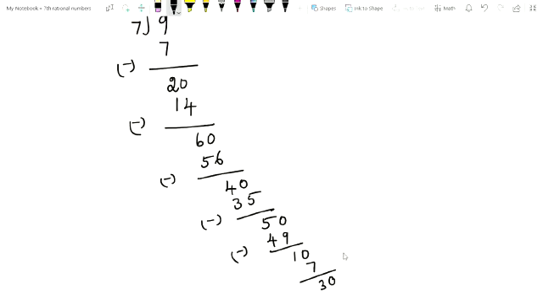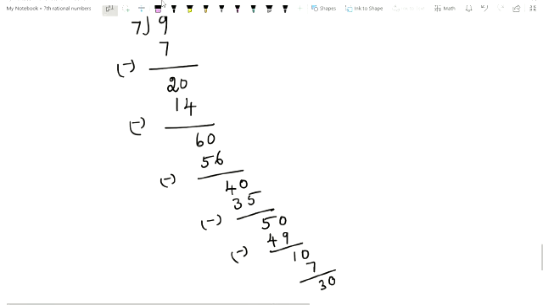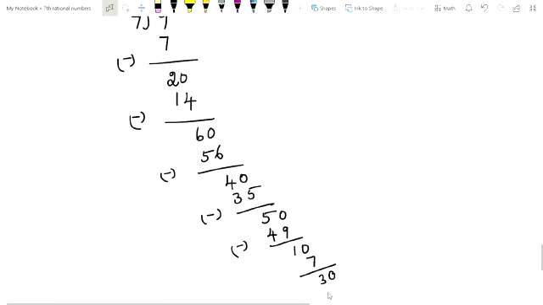In 30, how many 7s are there? 4 sevens are 28. Now subtract this. What will you get? 2. Then add a 0, 20. See here, 20. So the same step is going to repeat.